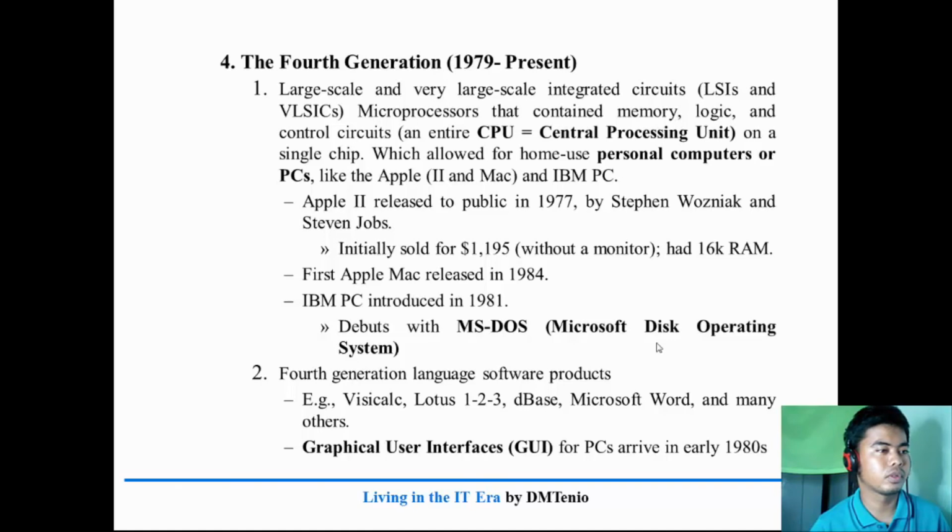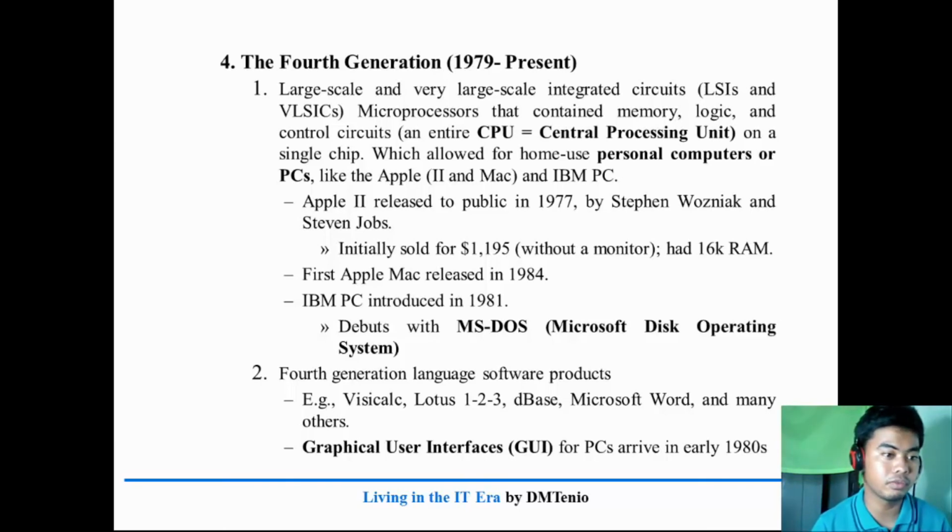Then we have the first Apple Mac released in 1984, then the IBM PC introduced in 1981, which debuts with MS-DOS, Microsoft Disk Operating System. Then the fourth generation language software products: Basic, Lotus, Microsoft Word, and many others.